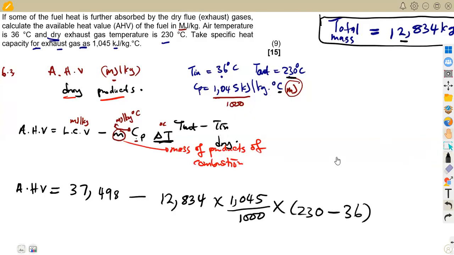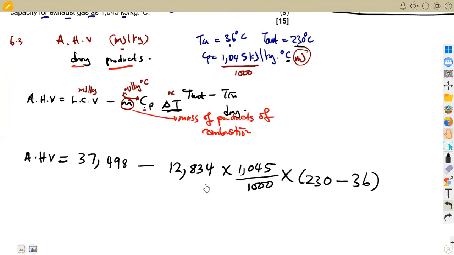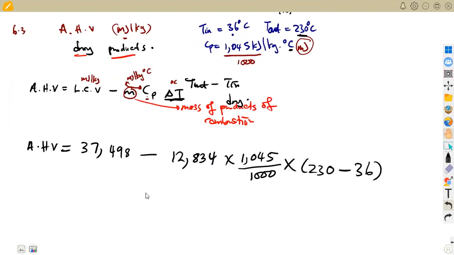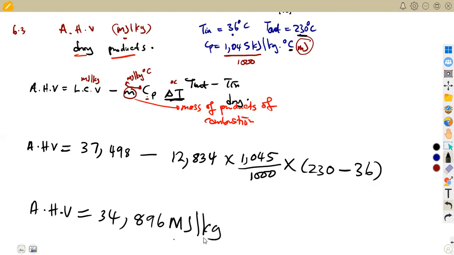That is going to give us the answer for the available heat value. If you simplify everything on your calculator, your answer in megajoules is 34,896. Automatically, this is in megajoules per kg, as we were using our values in megajoules per kg.